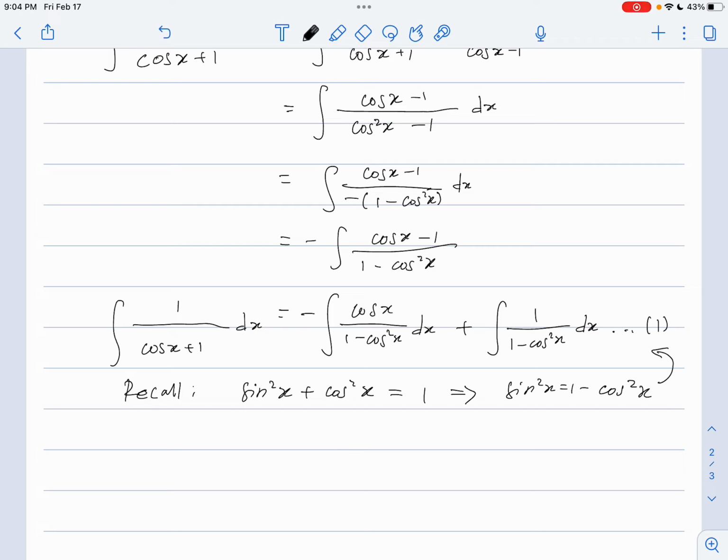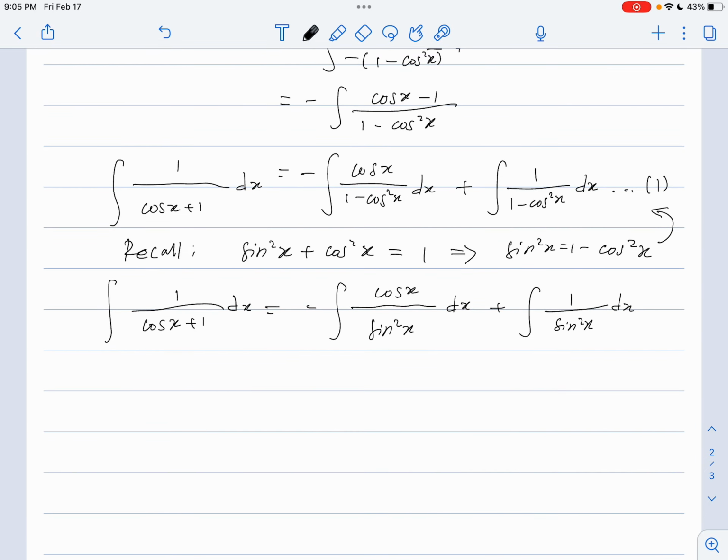We plug that into equation 1, and we will get this. It's really satisfying when we finally figure out what we should do to solve this integral. And here, 1 over sine of x is equal to cosecant x, so we can rewrite it.